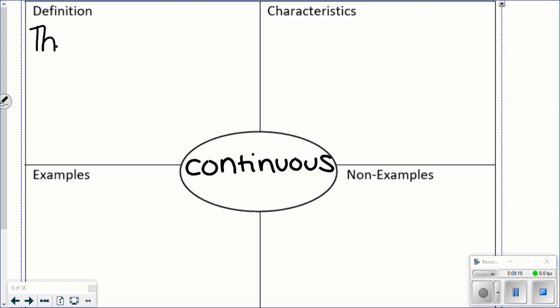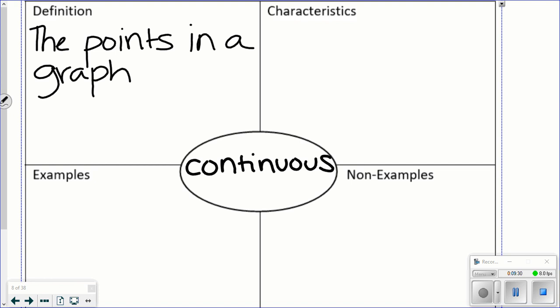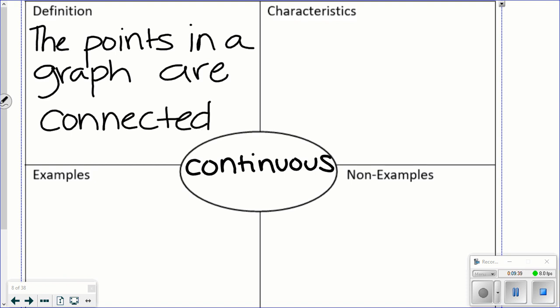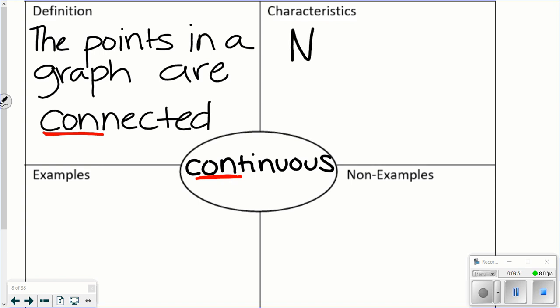So the definition, the points in a graph are connected. Continuous, connected. So what that means is that we have no breaks in our graph. I can draw the whole graph without picking up my pen or my pencil.